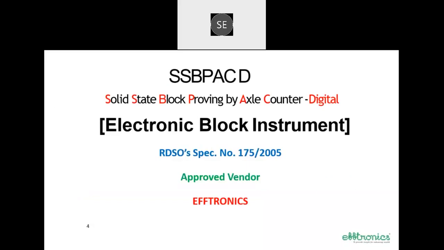It has been developed as per RDSO specification 175/2005. Right now, Efftronics is the only approved vendor for this equipment.